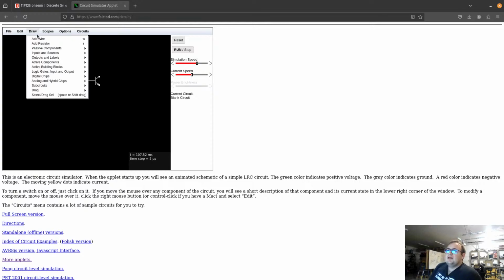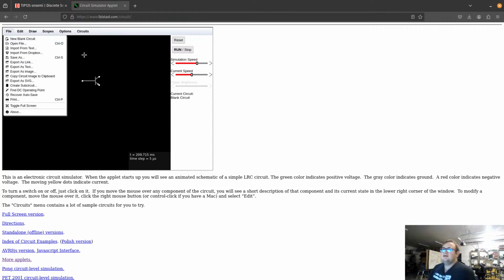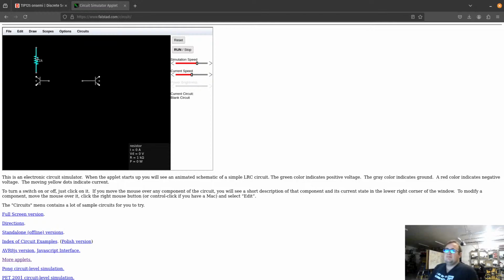Then we put in a resistor here. Then, actually, yeah, we better just move that. We'll escape, move this up. Maybe we'll move both of these down to get us some more room. Oh, oops. Right there.